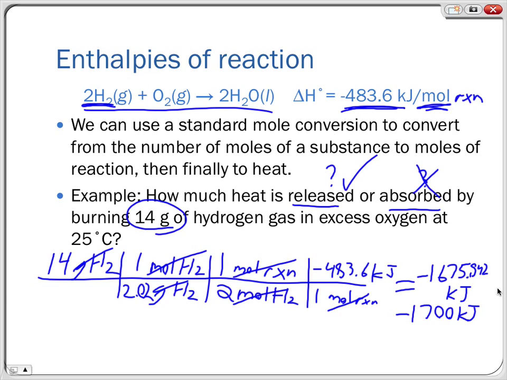And so we would technically, in terms of saying this, just say our answer is going to be 1700 kilojoules are going to be released by the reaction. And so if we had to write that up as our final answer, 1700 kilojoules released by the reaction, as opposed to 1700 absorbed, which it would have been if we came up with a positive number for our answer.